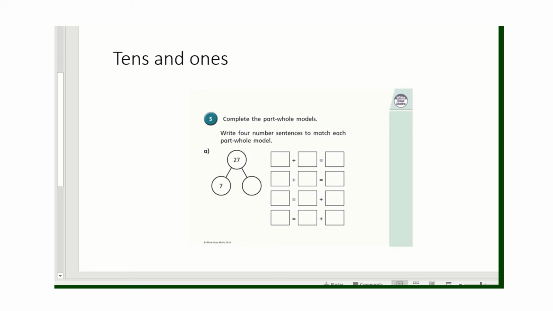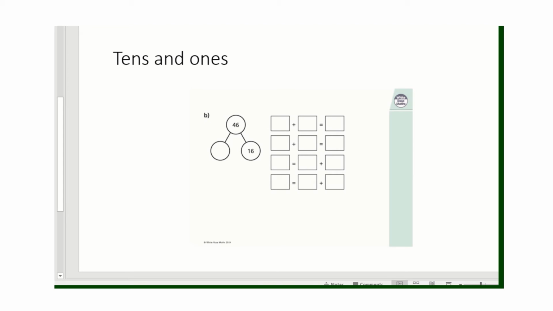It doesn't matter whether it's 7 add 20 or 20 add 7. Then we can have the number at the beginning, look, the total, the whole, like 27 equals 20 add 7. 27 equals 7 add 20. I wonder if you'll be able to do it for this number, 46. Now then, 46 would be, you've got 16.